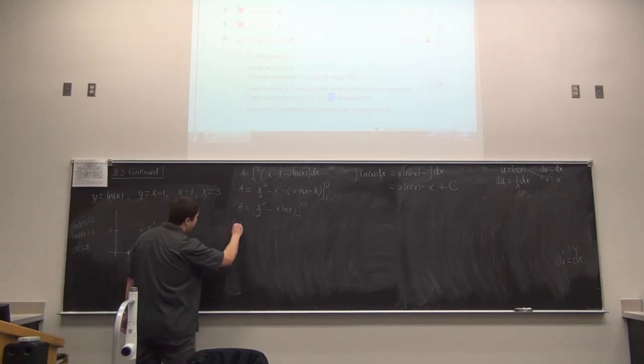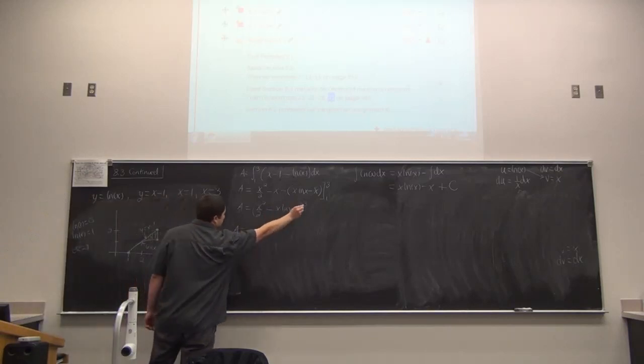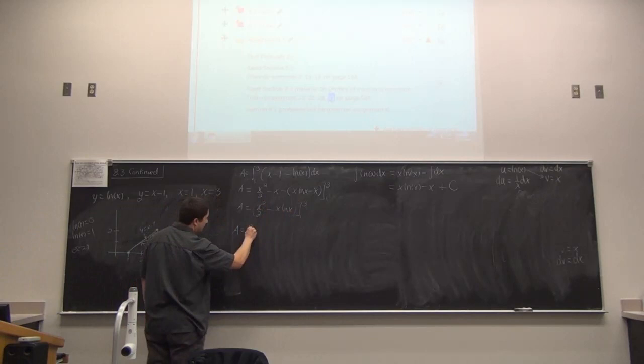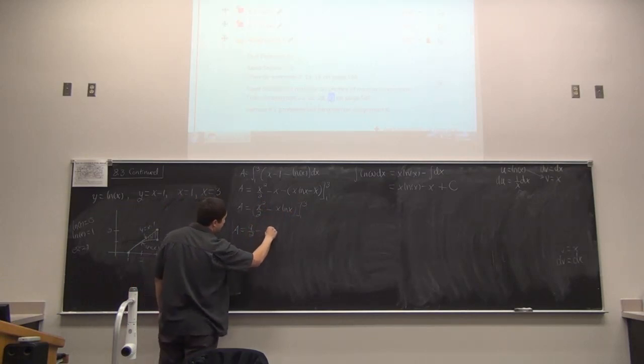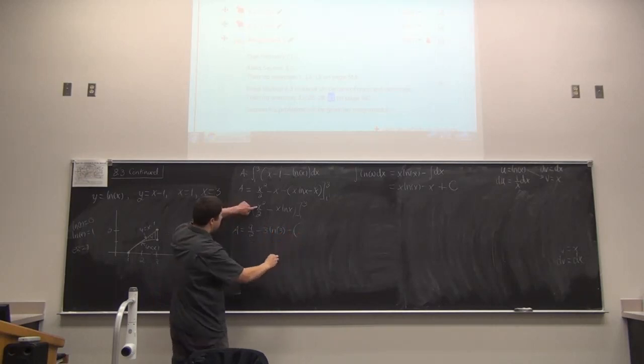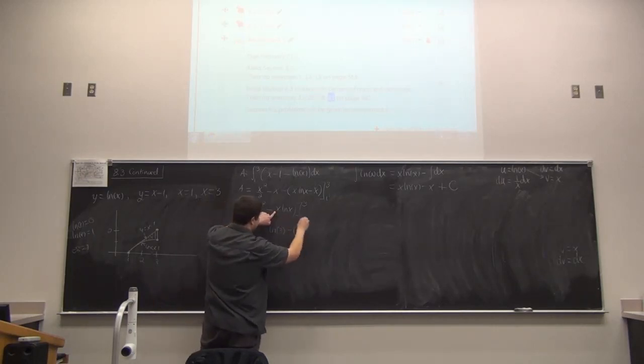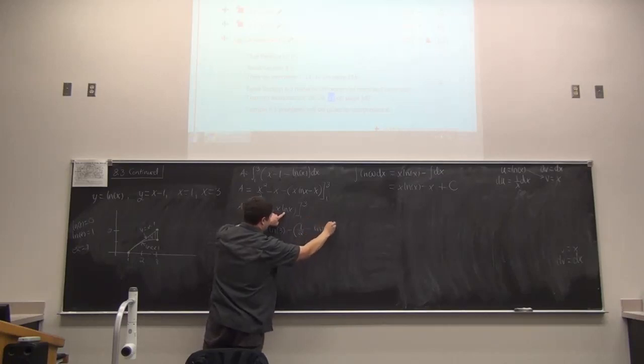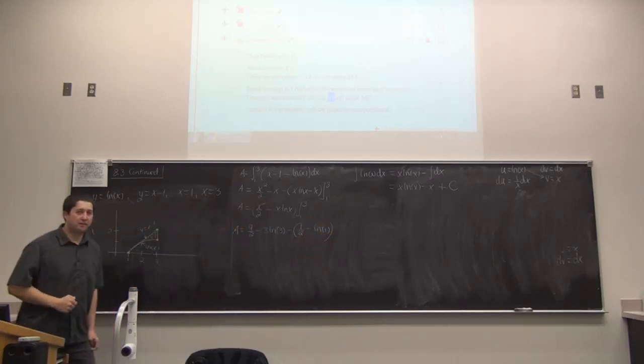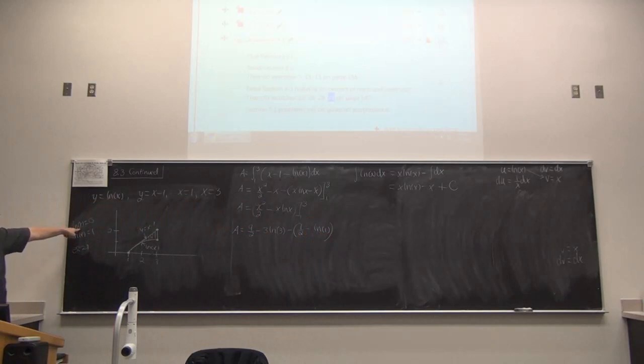We can now say, finally, the total area is input 3 to get 9 halves minus 3 natural log 3, then minus the result of inputting 1. That gives us a half here, minus 1 times natural log of 1. But we should always be ready to go in the back of our mind that natural log 1 must evaluate to 0.